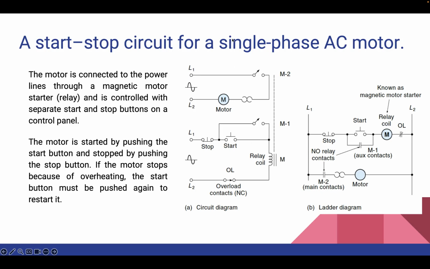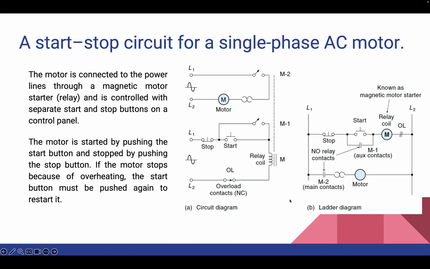When M2 is opened, it stops the motor, while M1 opening releases the seal of the relay coil, ensuring that the motor remains off even after the stop button is released. In case of an overload, the motor will stop as if the stop button was pressed, and it will not restart until the start button is pressed again.